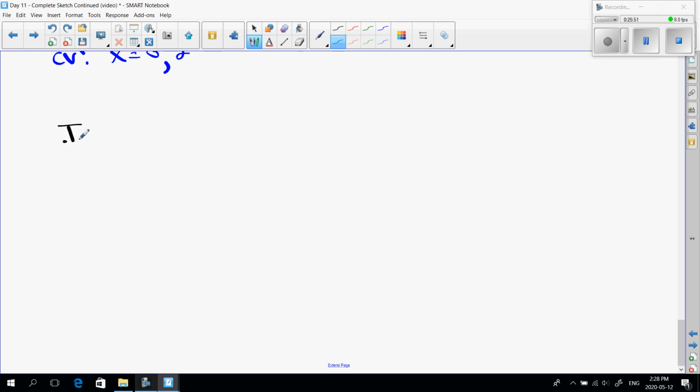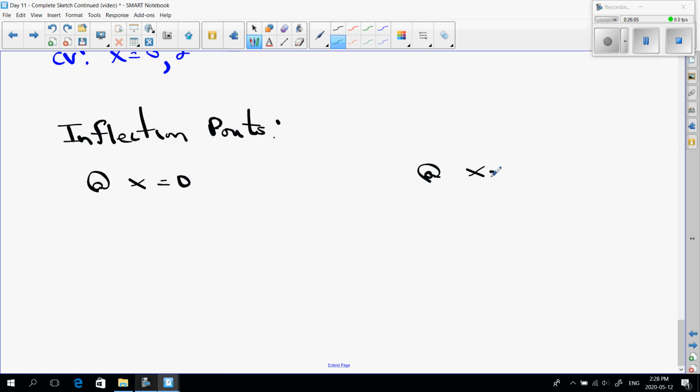So let's find our inflection points. One at x equals 0 and one at x equals 2. Now just keep in mind, anytime you want a point on a curve, you're going to use the original function.